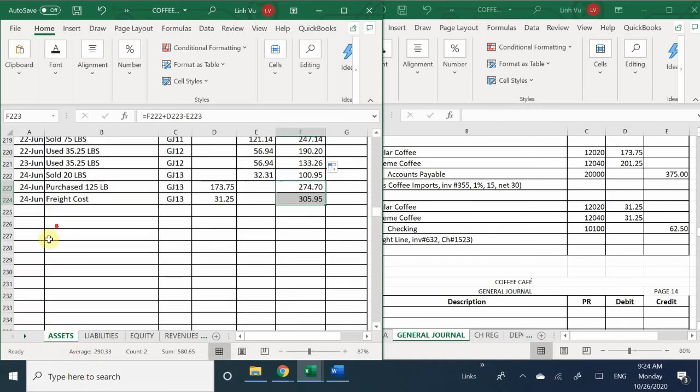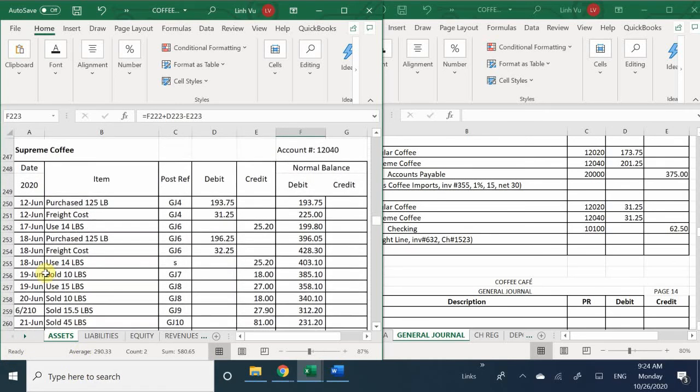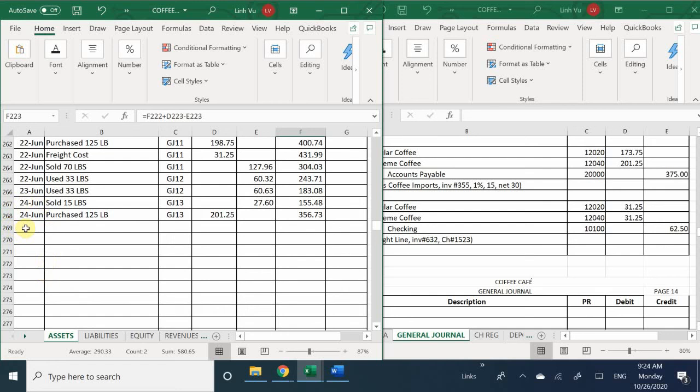And let's do the 16. Freight cost, DJ 13. Credit 3125. 3125. 3125 plus 387.98. 387.98. Good.